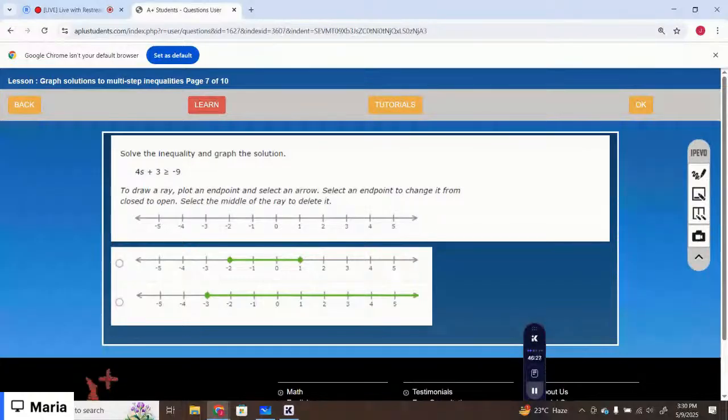Option number 2 is the correct option. Okay, you can complete the lesson by yourself later today. Let me just move next lesson.